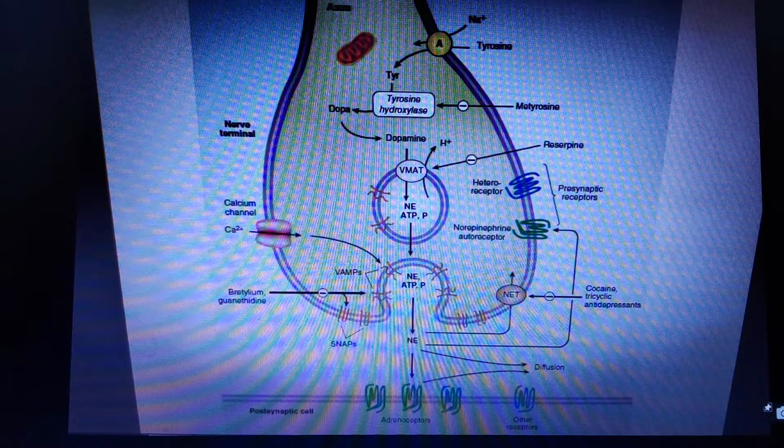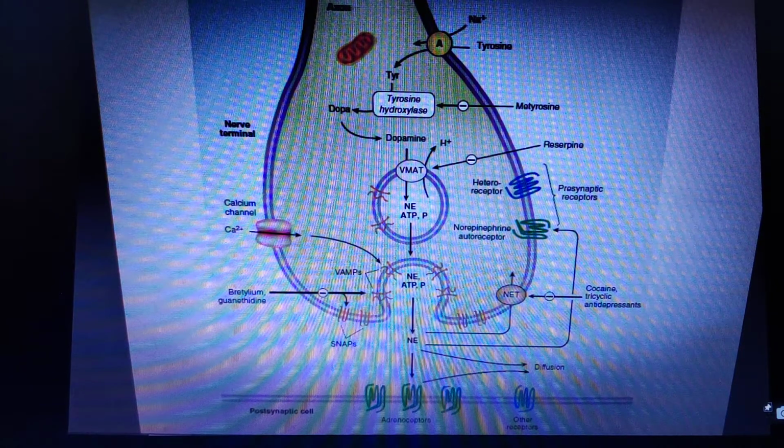The tyrosine enters into the nerve cell and is converted to DOPA by the enzyme tyrosine hydroxylase, and then by the enzyme decarboxylase it is converted to dopamine. This dopamine is then available to enter into the storage vesicle.